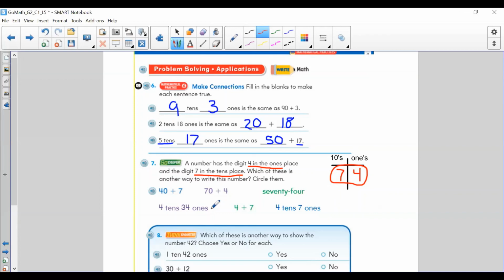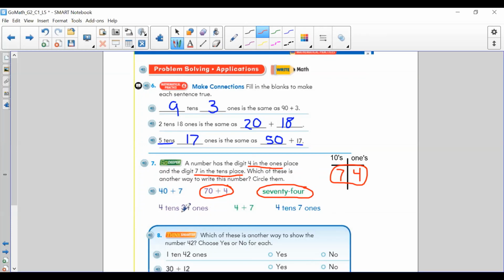Well, we would have to figure that one out. How about 4 plus 7? Or 4 tens and 7 ones? Well, let's think about that. So we know that this is 74, and we know that 74 is 70 plus 4. And we know that 74 is spelled this way, so we can circle those two.